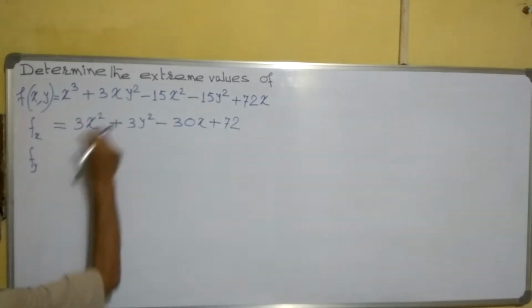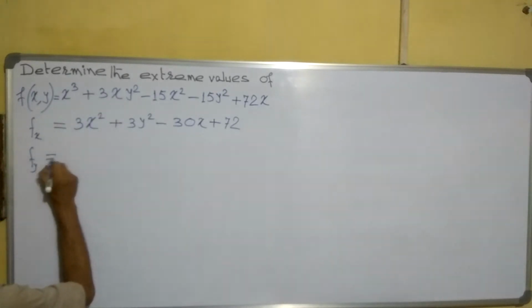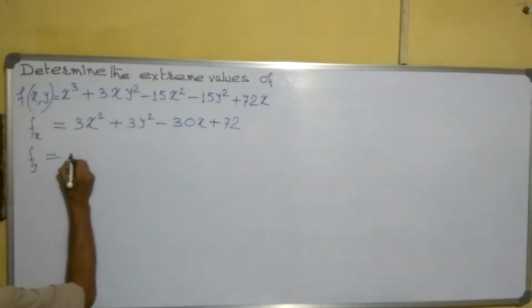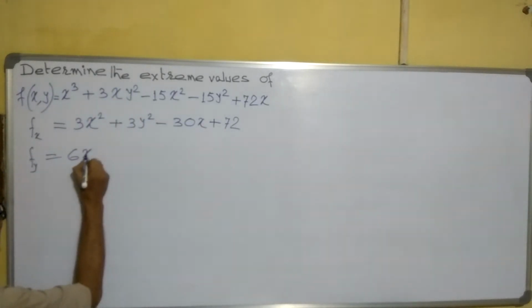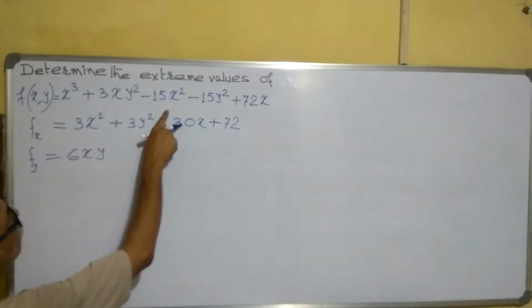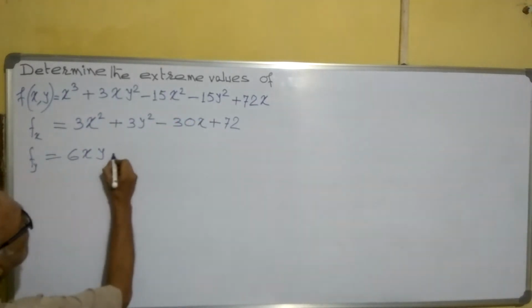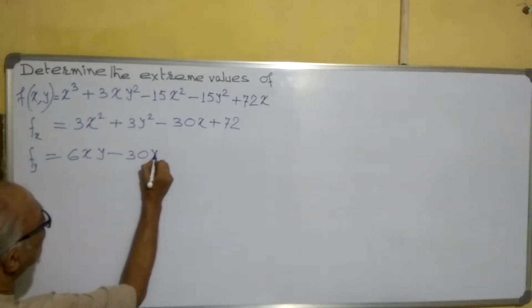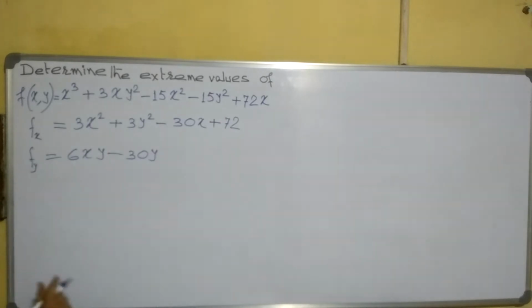That is 0, so 3x is constant into 2y, that is 6xy. This is 0 and this will be minus 30y, again this will be 0.